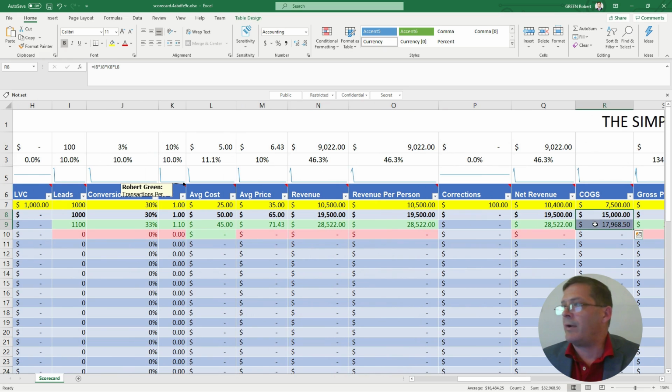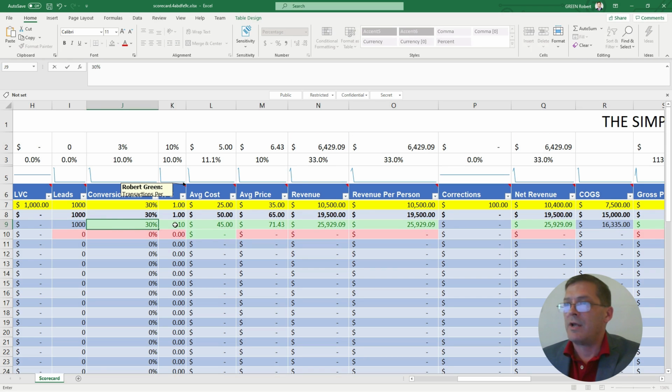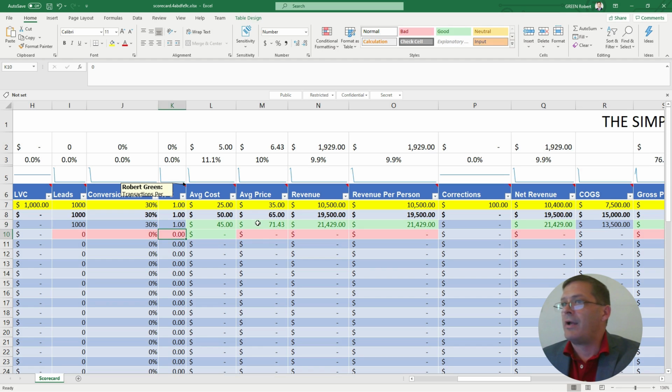Now, wait a minute. It looks like it increased. Yes, it increased, but it increased because we've increased the number of leads and the number of conversions and the number of transactions. So this going up only means that, and I can prove that. Let's back these numbers out. Let's change one thing at a time. Back to 30% and back to one transaction per. And the only thing that we've changed so far is our average price and our average cost.